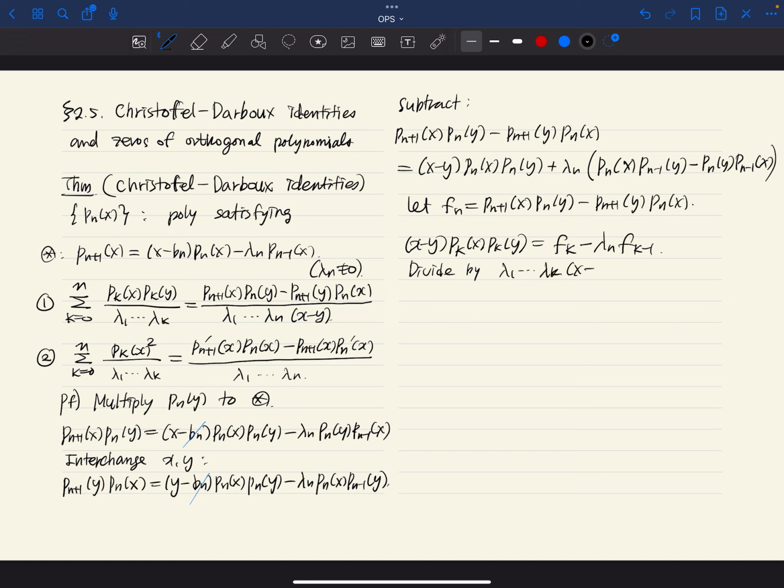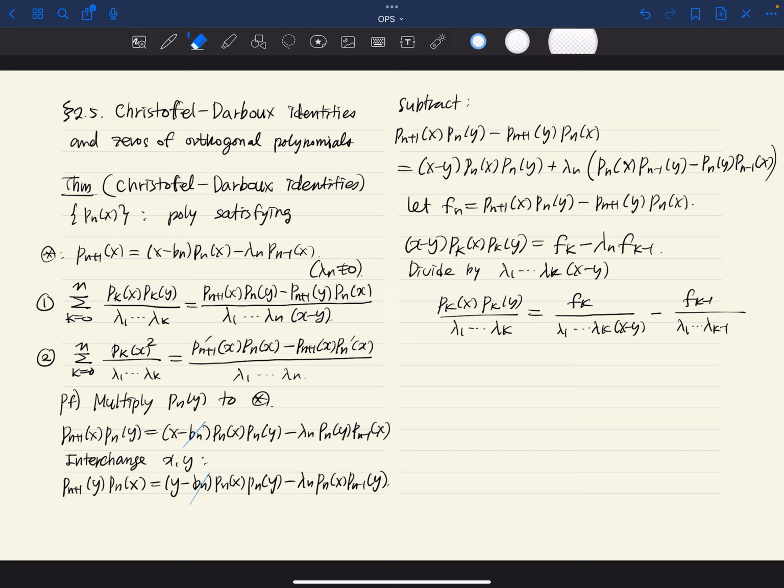We get P_k(x) P_k(y) over lambda_1 ... lambda_k equals f_k over lambda_1 ... lambda_k, divided by (x - y), minus f_{k-1} over lambda_1 ... lambda_{k-1}.